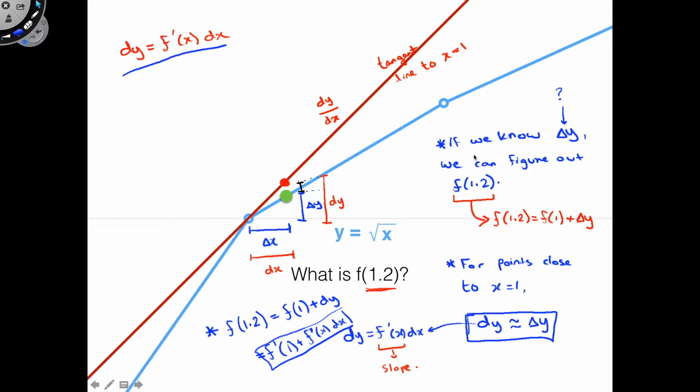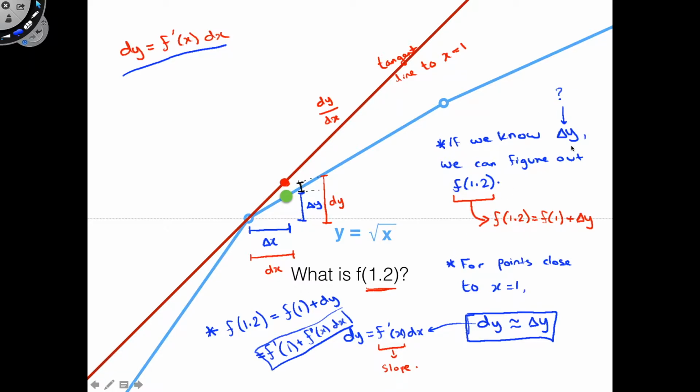Now, if we know delta y, we can figure out f of 1.2, right? Because we take our f of 1, which is a known value by definition, and we can just tag on that delta y and figure out how far it's risen, okay?